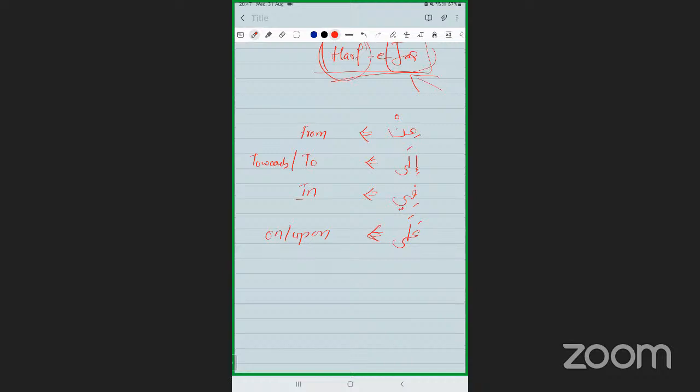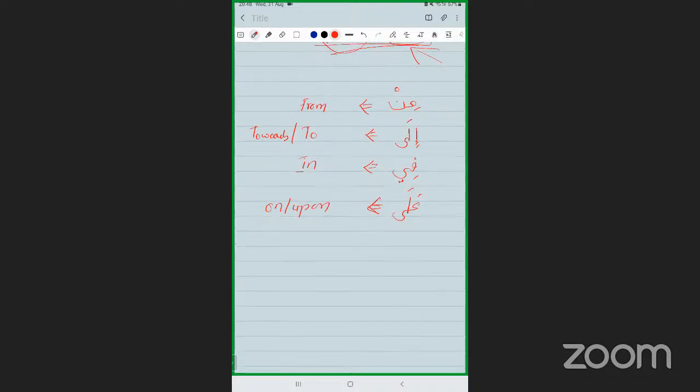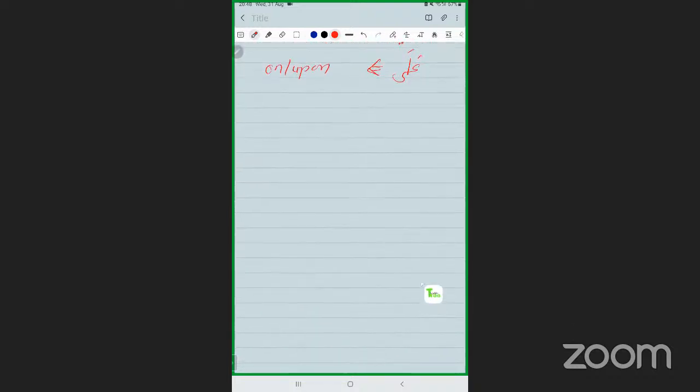Arabic is really, really a very fragile language. Just to be off the subject, please allow me to go off the subject. See, this is atasa, and this is atasha.